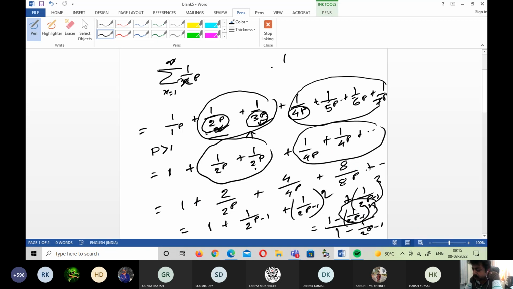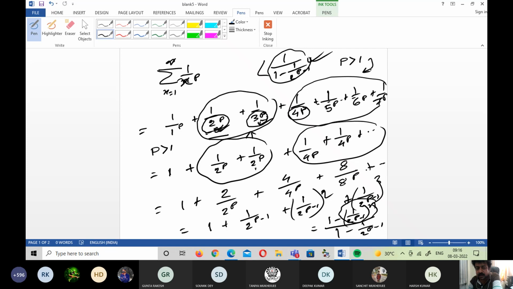That is, 1 by 1 minus 1 by 2 to the power P minus 1 is the maximum, less than this quantity. So it is a finite value. Is it true or not? So you can conclude that using comparison test, if P is greater than 1, this series is convergent. Can it be written? Yes.